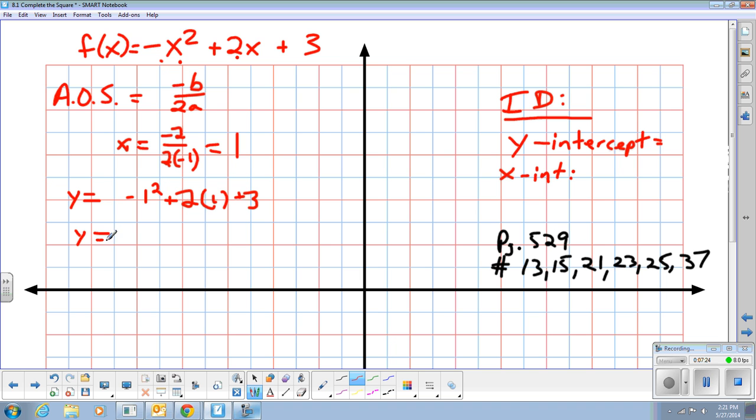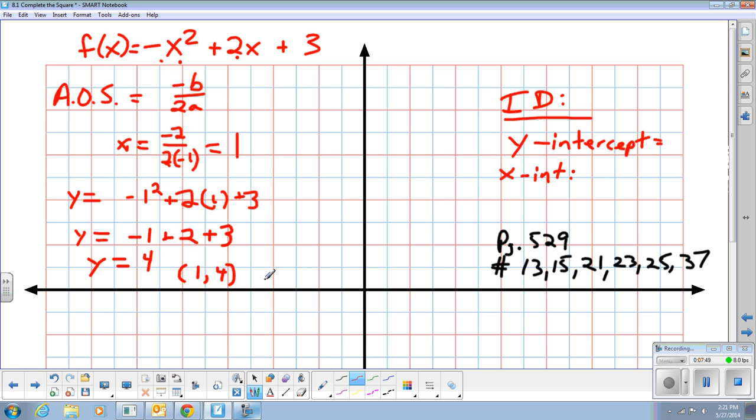Keep in mind, since this 1 is not inside parentheses, it's 1 times 1 is 1 squared, so that's 1, and then it's a -1. The negative is done last. 2 times 1 being 2, and then plus 3. And if I add all this together, -1 plus 2 is 1, 1 plus 3 is 4. So then the y-coordinate of my vertex happens to be 4. So my vertex is (1, 4).